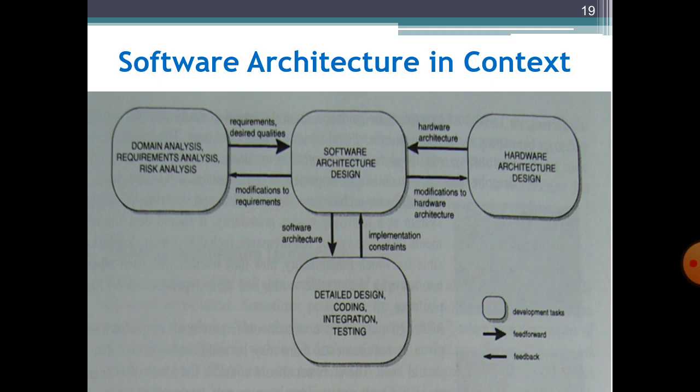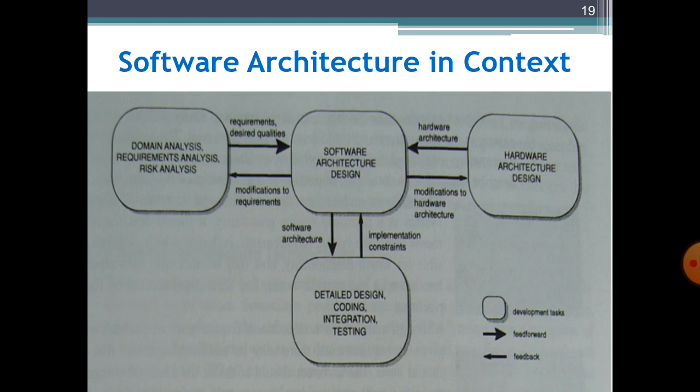You can see on the most left side, the development task is basically the problem domain, which we call the requirement analysis phase, from where the requirements are input to the software architectural design, and then these modifications are input to the hardware architecture, from where we also get the feedback from the hardware architecture.